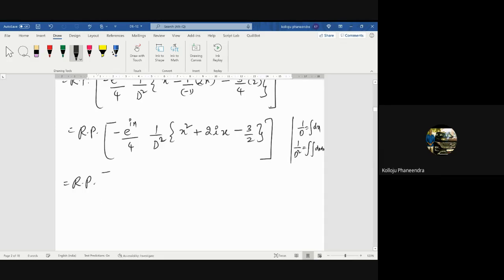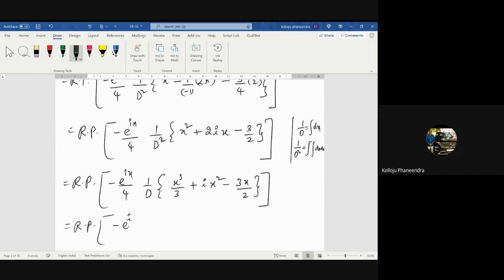So the real part of minus e to the power of ix by 4, 1 by D I will take first. That means x cube by 3 plus ix square minus 3x by 2. One integration is over. Next, another integration: minus e to the power of ix by 4 into x to the power of 4 by 12 plus ix cube by 3 minus 3x square by 4.